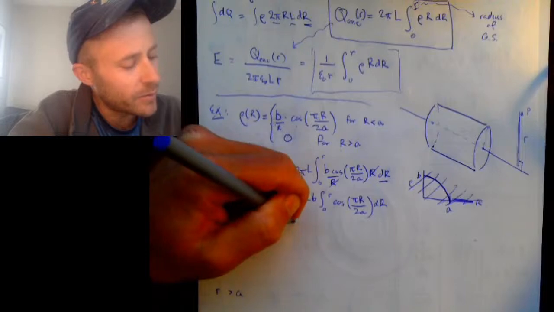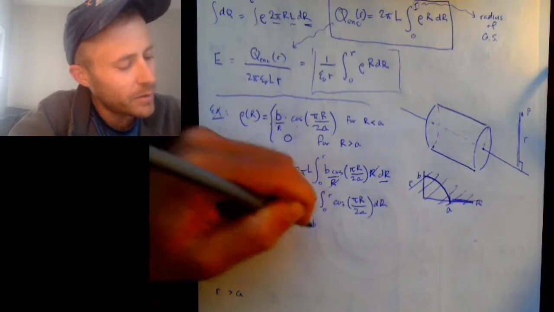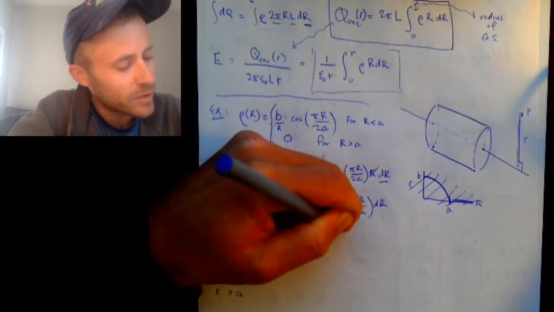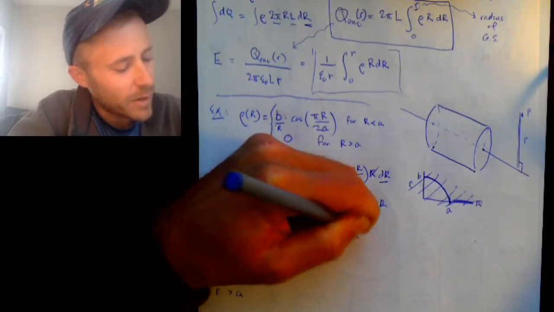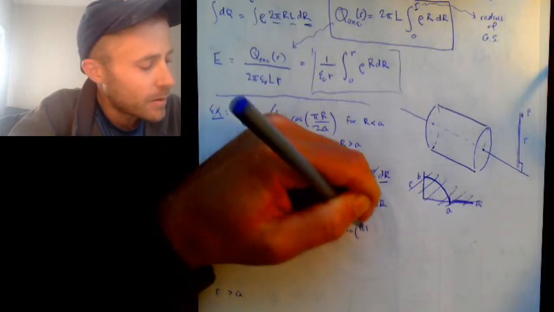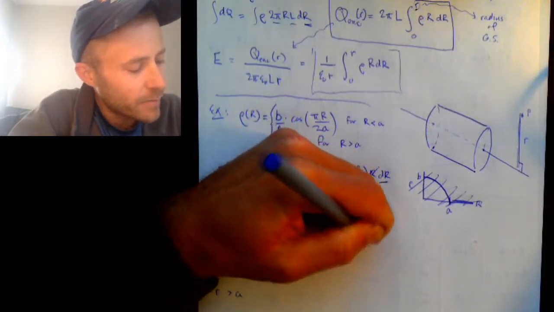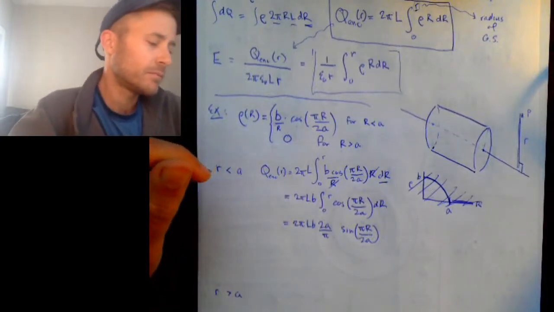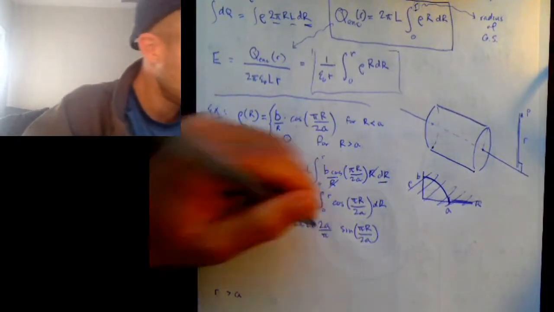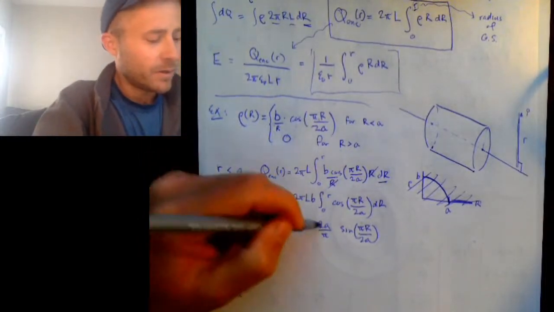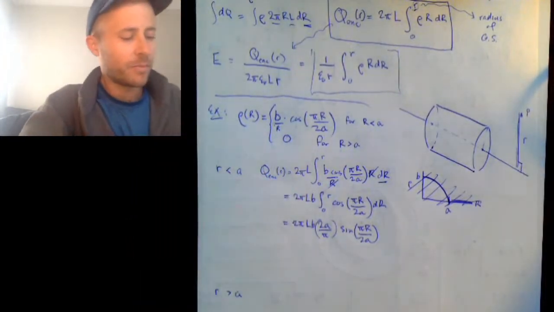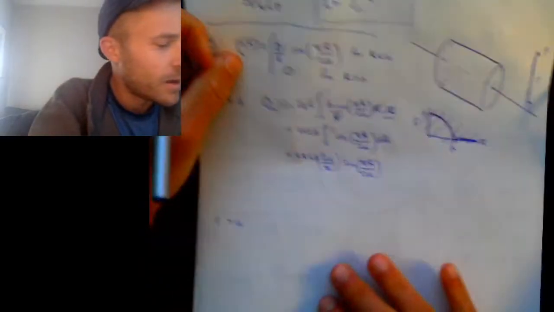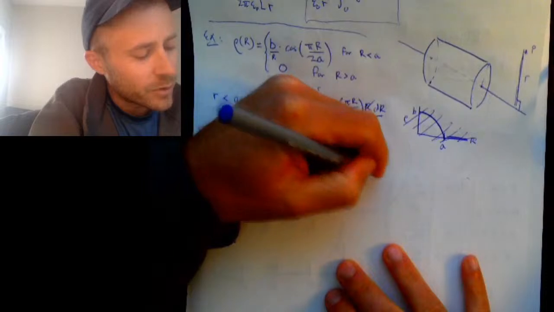We then have 2 pi lb times 2a over pi times sine of pi big R over 2a. So this is the factor that comes from the chain rule, or the u-substitution, and then evaluated from 0 to little r.